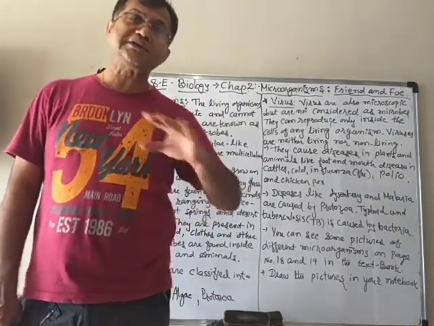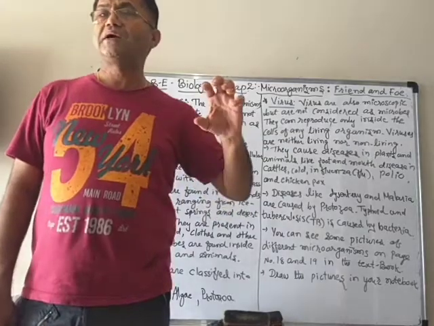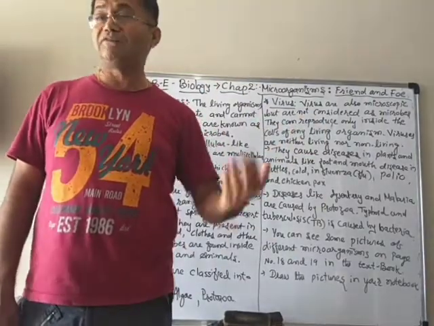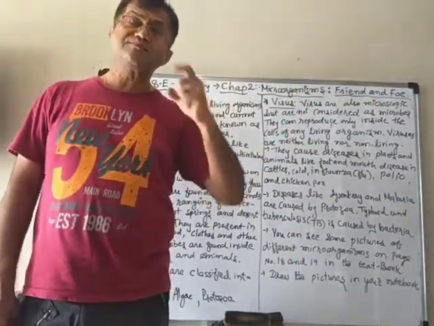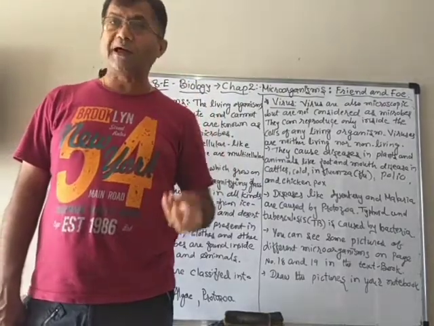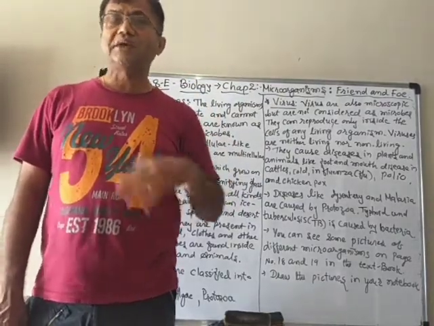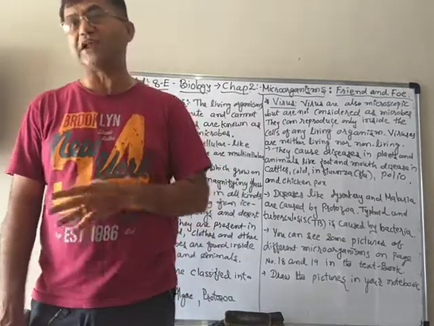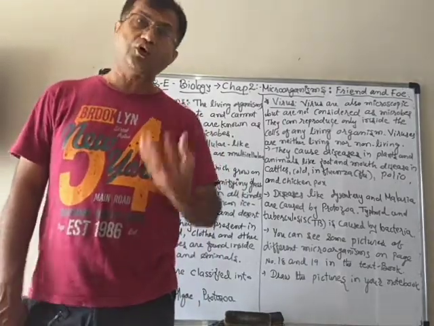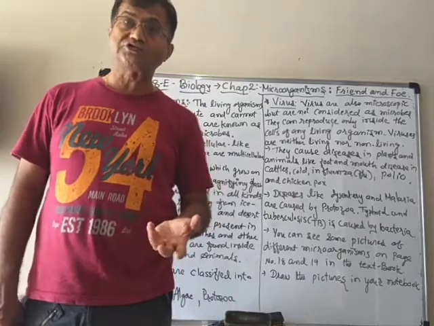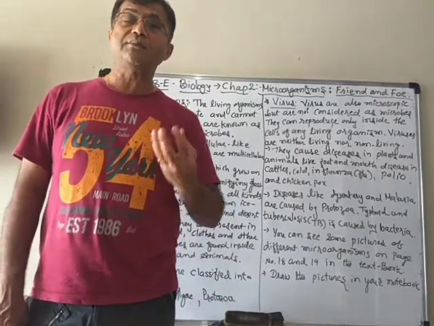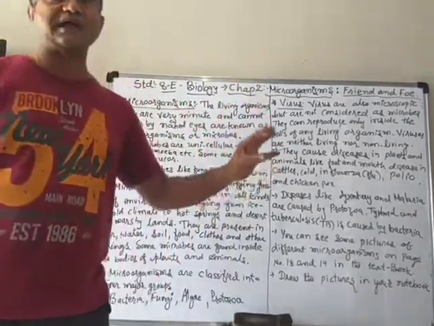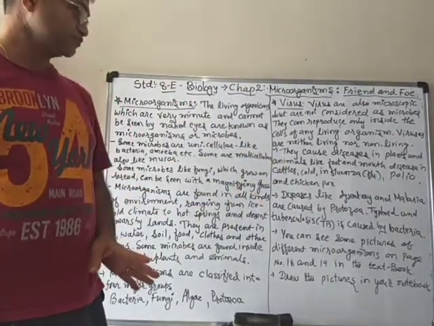They show no activity when they are free in nature, but whenever they enter any living cell of a plant or an animal, they become active. They use the mechanism of the host cell, and then they grow, they reproduce, and they can cause some diseases in plants and animals also.